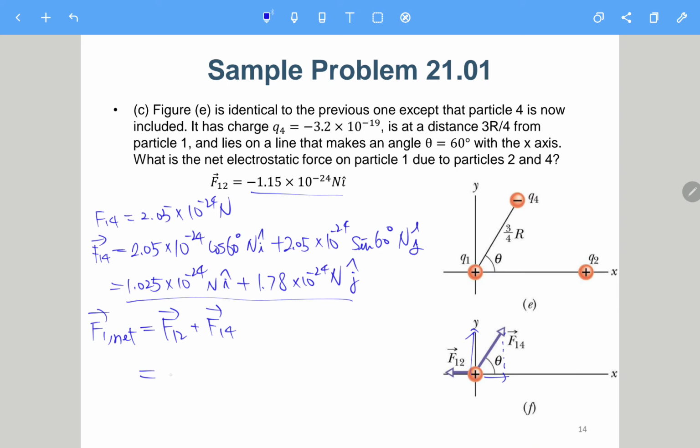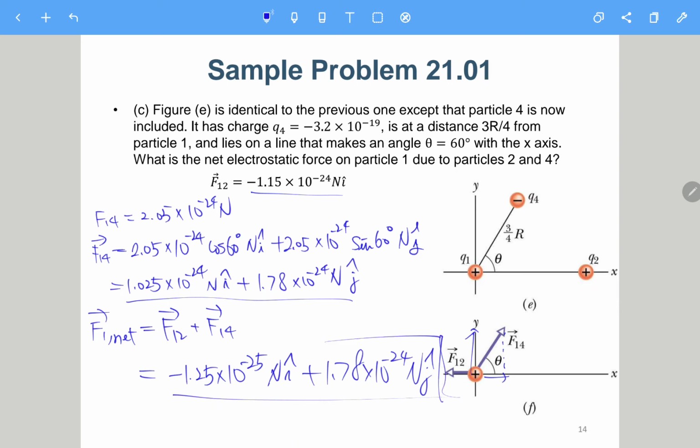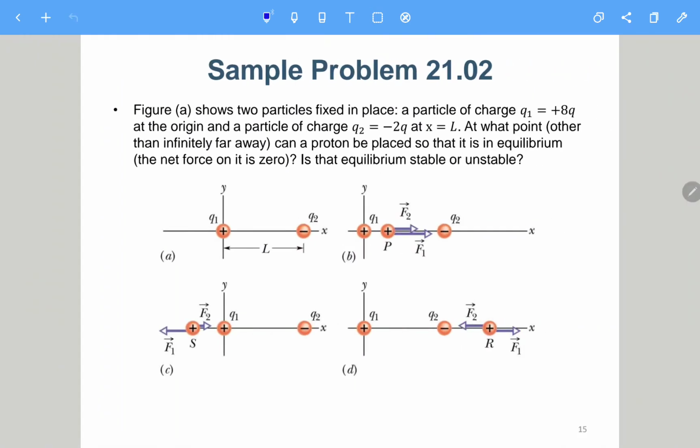So the answer will be minus 1.25 times 10 to the minus 25 Newton I plus 1.78 times 10 to the minus 24 Newton J. Okay, I think you can still do it easily with the knowledge of high school physics. So let's move on.